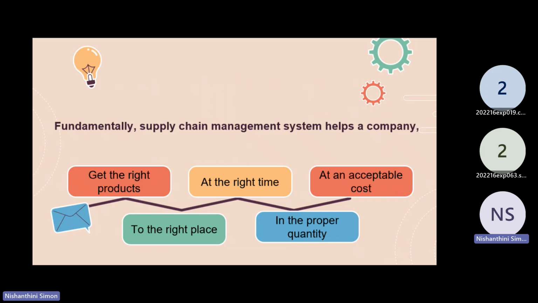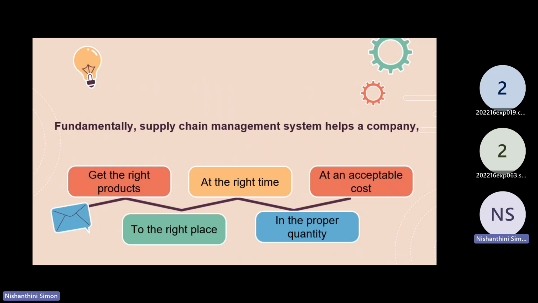With the right product, we will be able to distribute to the right place in a proper way, at the right time. We are matching supply and demand, with the proper quantity and an acceptable price, if you are using the supply chain management system properly.